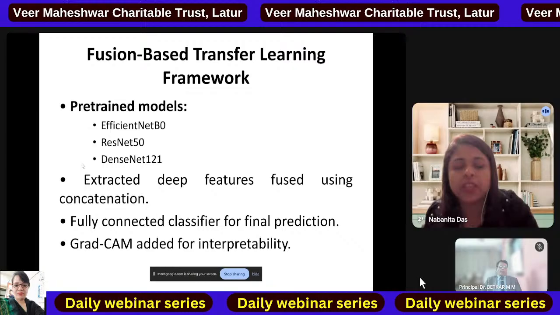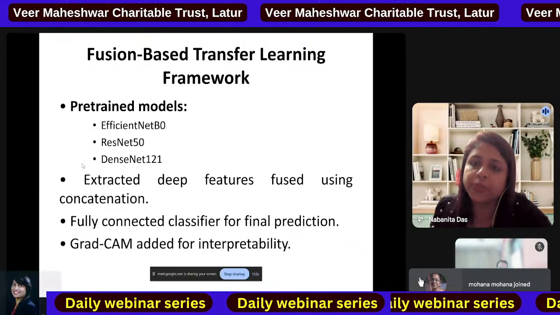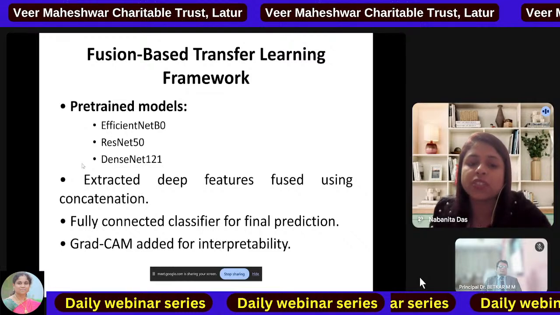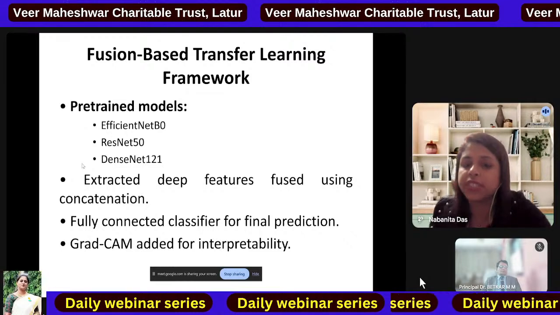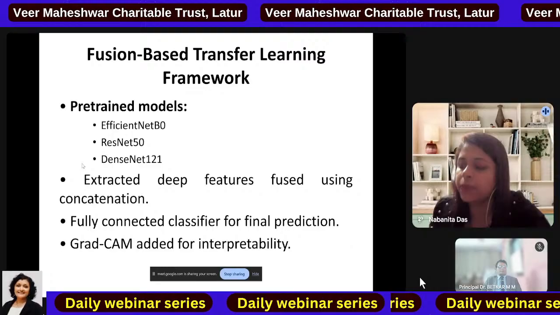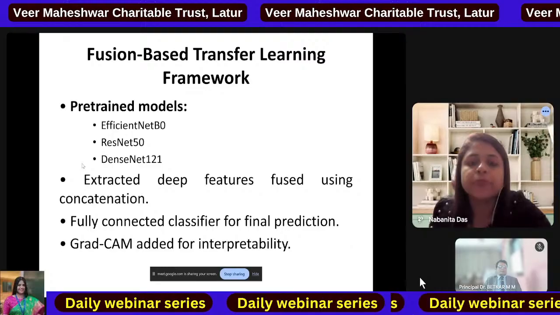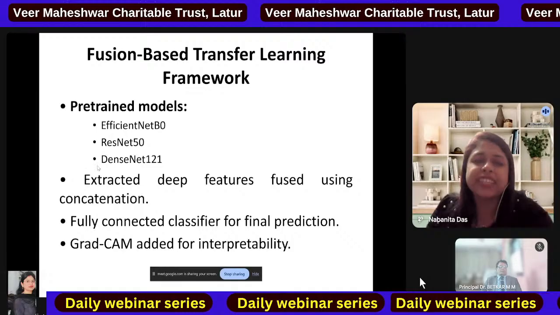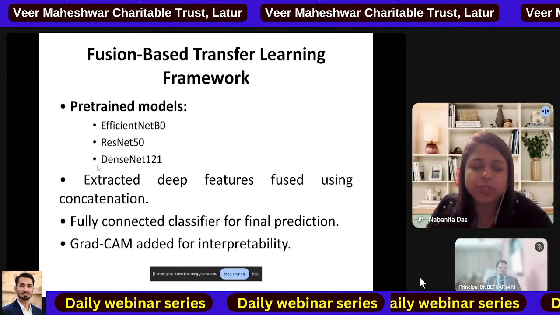That's why I have used these three different models, mixing them and creating one single model that can easily extract the pattern from the data set and easily identify skin cancer. Now, I just gave some brief idea about this.